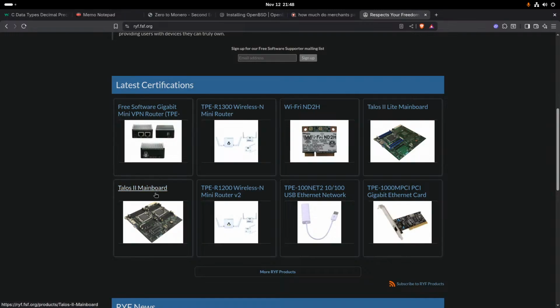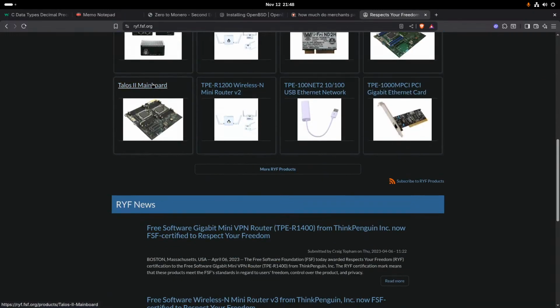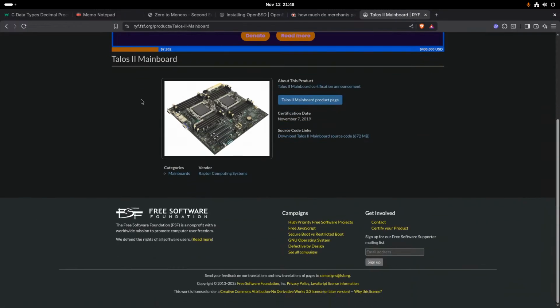Nice. The Talos 2 mainboard. Guys, I should have done this. It looks like it has two CPU processors. Imagine carrying this around.